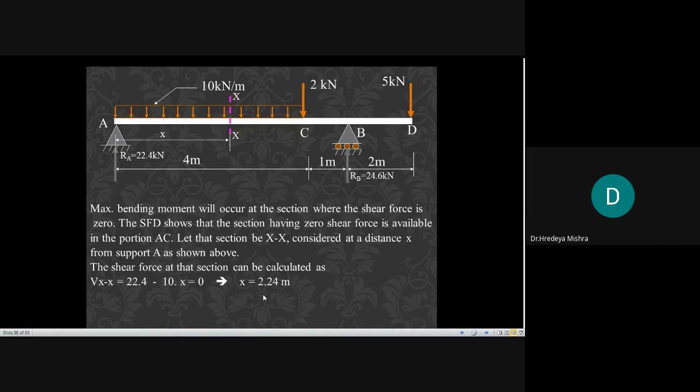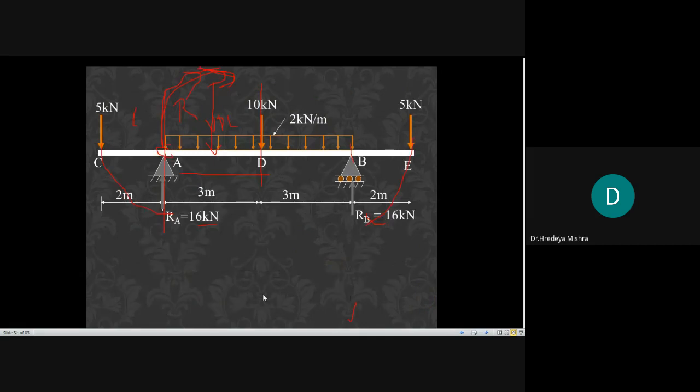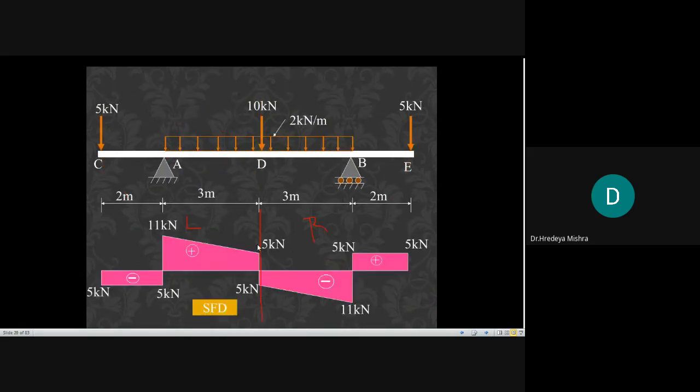Here is a question: why did we not calculate this point in the previous question? Because we also get the 0 point here. See, 0 point at this and 0 point at this, because the position of this point is already known.